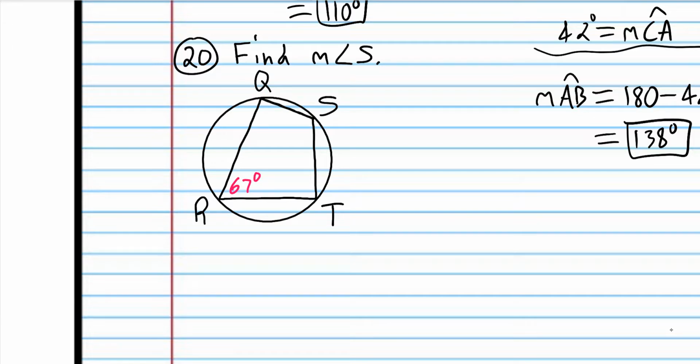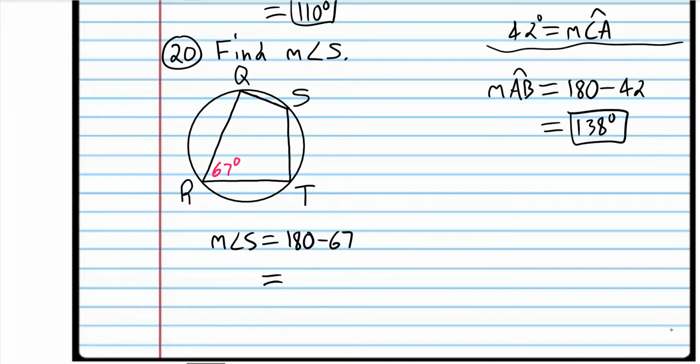So it always ends up being true that this angle here is supplementary to the opposite angle if this quadrilateral is inscribed in a circle. So the measure of angle S is equal to 180 minus 67, which is equal to 113 degrees. So if you got that one right, excellent.